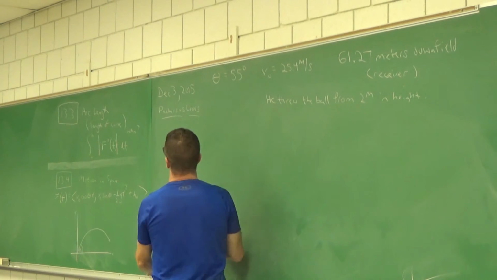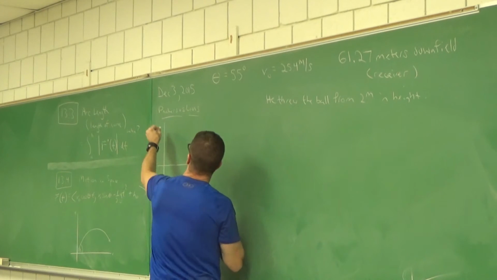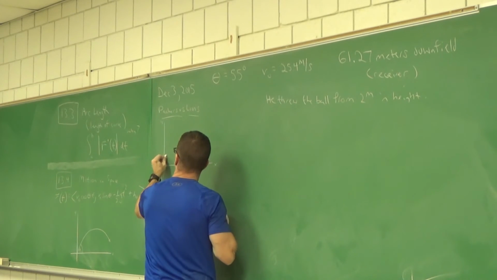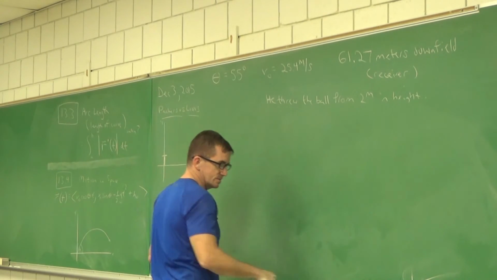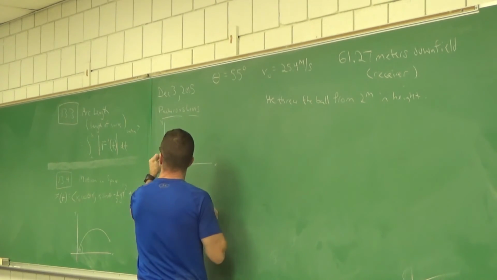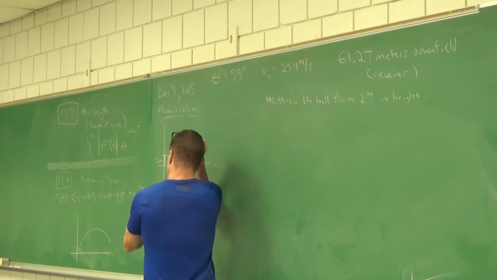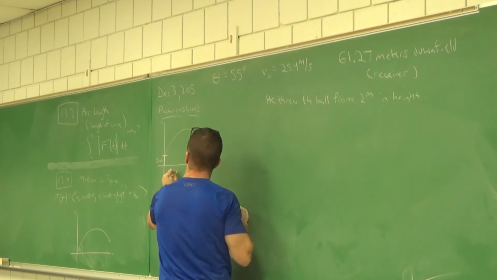So I'm going to start drawing this. X-axis, Y-axis. I'll start here at the origin. How high was it before it got launched? 2 meters. Boom. And he throws this thing. There's a receiver 61.27 meters downfield.